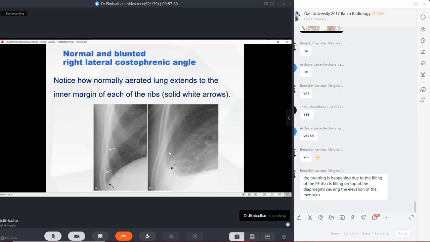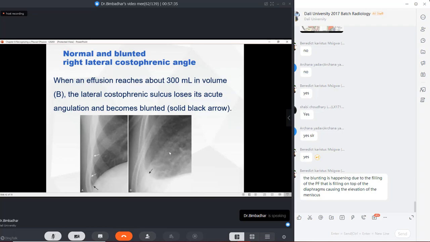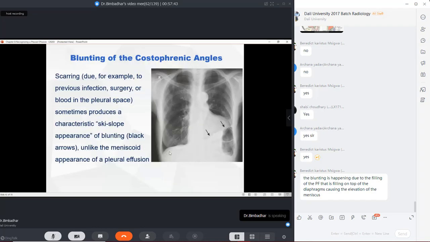I think I have already described these signs here, so let me skip this. Now you have to remember another thing here. There is a blunting of the costophrenic angle. You see here, this is a very typical radiograph.